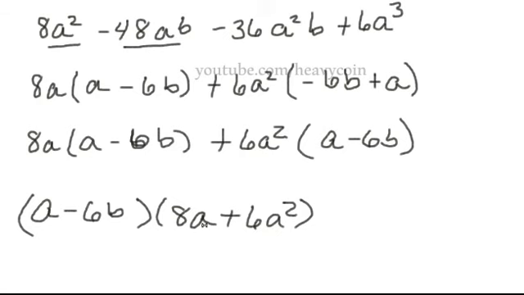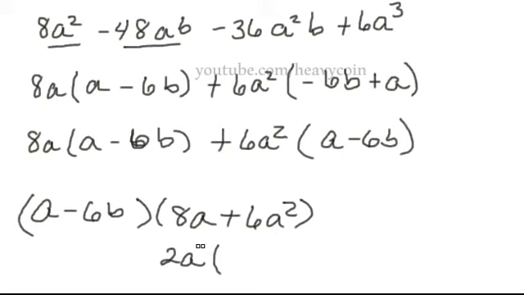Okay, so we can also factor this one here. The largest number that goes into both 8 and 6 is going to be a 2. And we can also pull an a out because we have an a in each one of these terms.